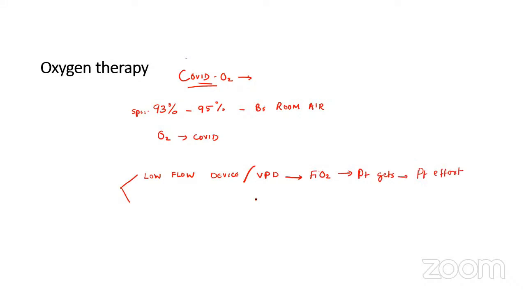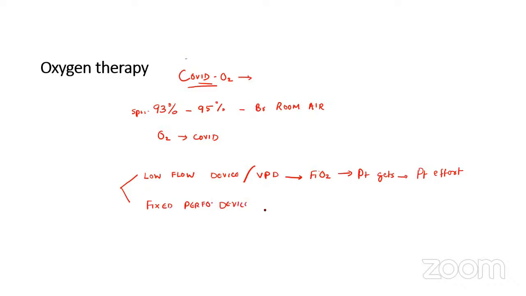But at the same time, we do have another method called a fixed performance device. This fixed performance device gives you a fixed amount of FiO2 irrespective of patient effort.